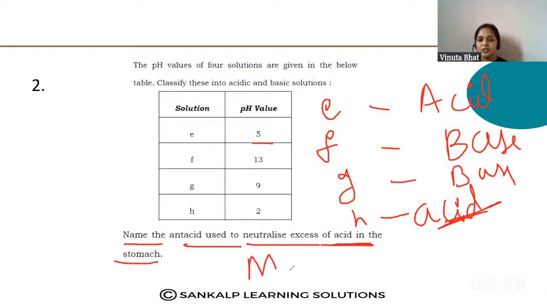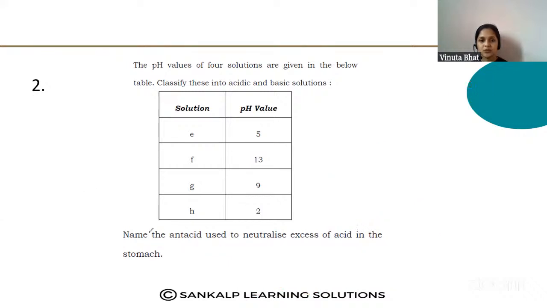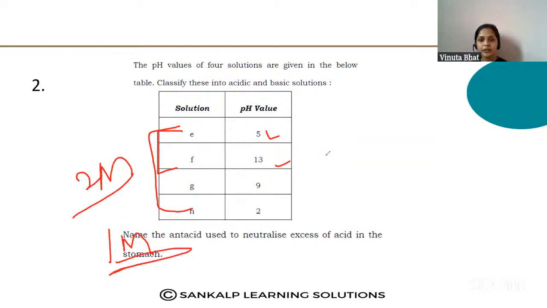That is magnesium hydroxide, milk of magnesia. The correct answer is magnesium hydroxide. This is a 1 mark question, and that is a 2 mark question. Totally it is a 3 mark question.